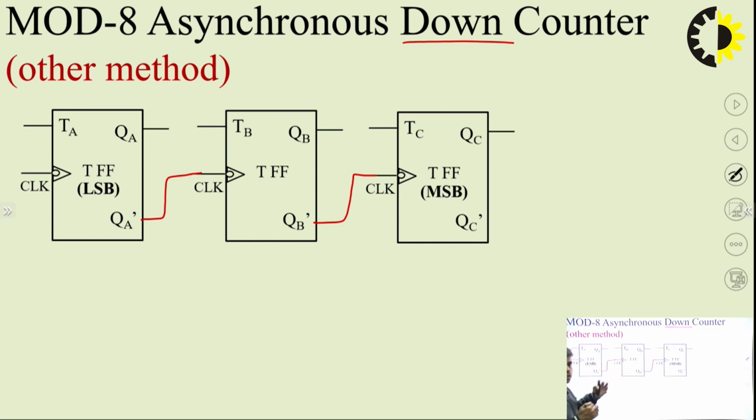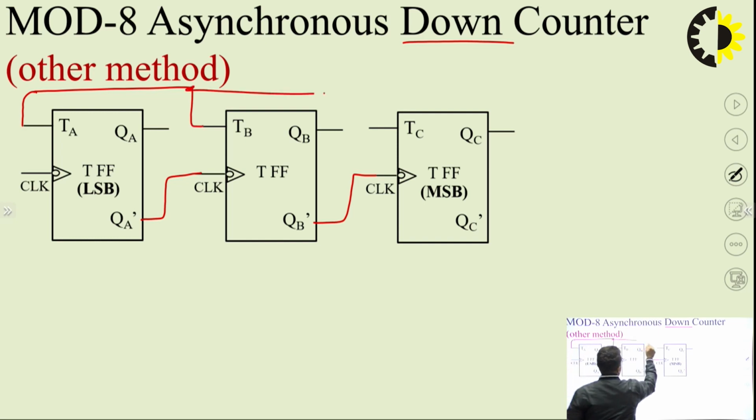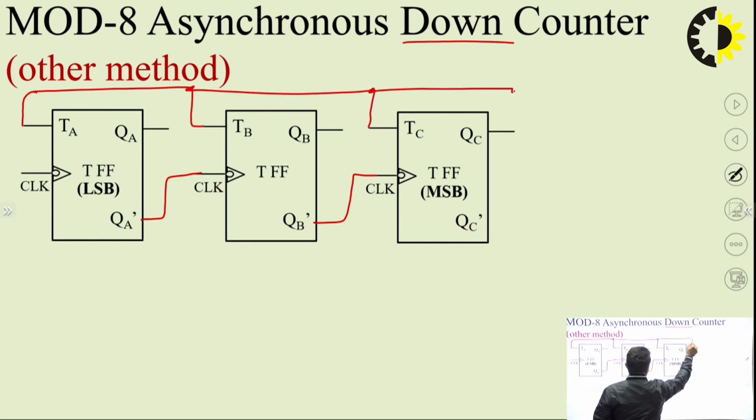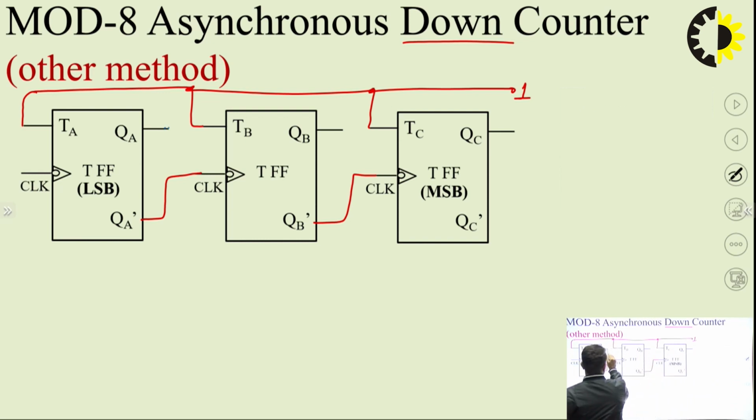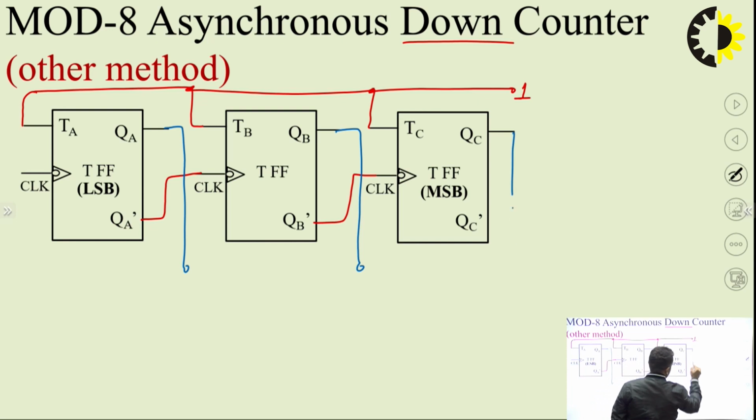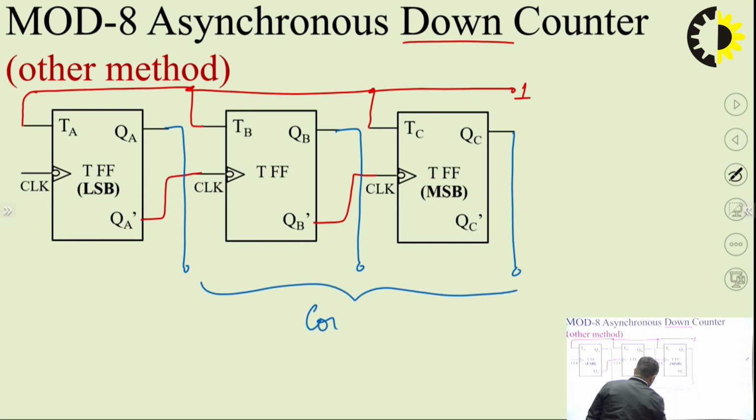Okay, the rest of the connections are exactly the same. That means all T inputs are connected to a common point, and again all these will be connected to 1, and the outputs can be taken for display. So here the count can be displayed.